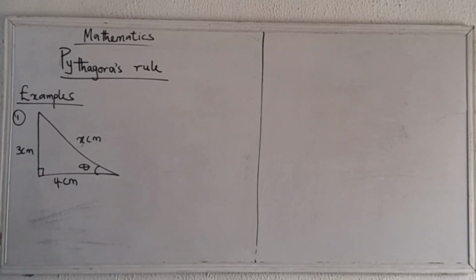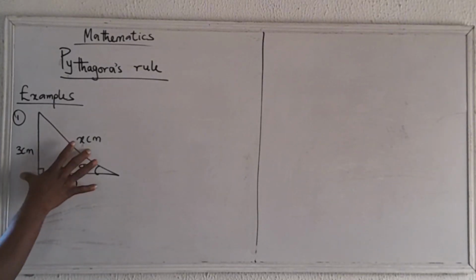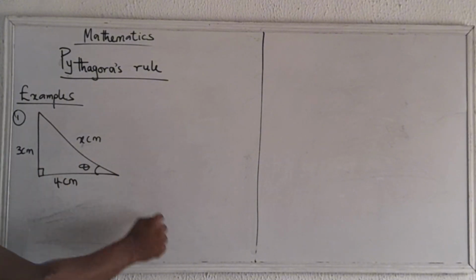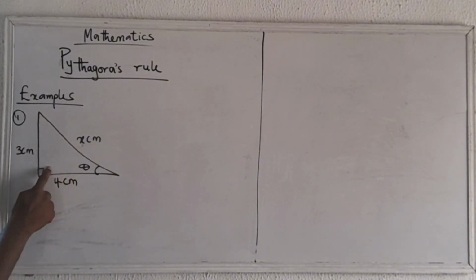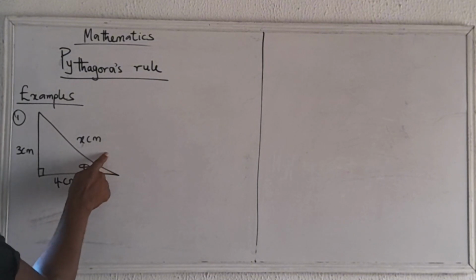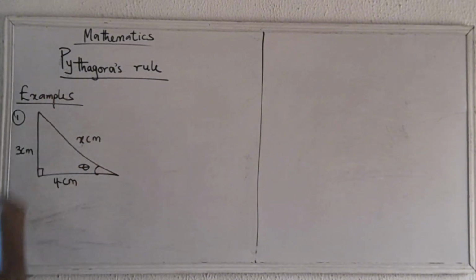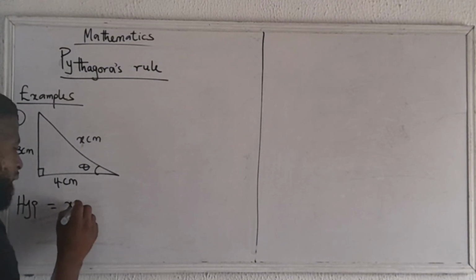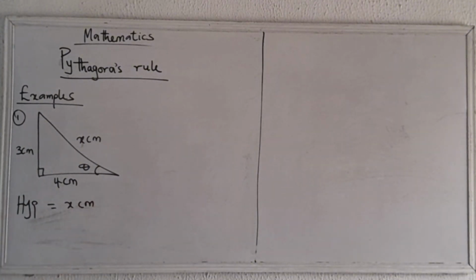Now, let's solve an example using the Pythagoras rule. This is a right angle triangle. This is the perpendicular angle, so the side facing it is the hypotenuse. We say the hypotenuse is x centimeter, which is what we are finding.